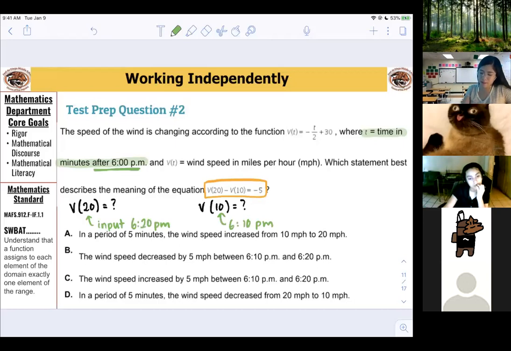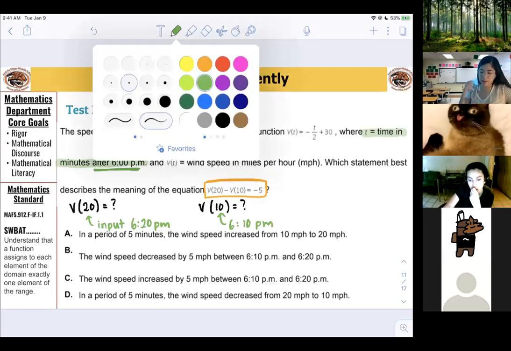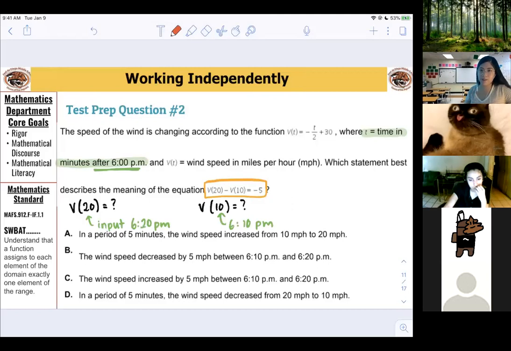So go ahead and start by reading the answer choices, because you can already eliminate two answer choices based on what we know so far. Which ones can I eliminate? A and D. Good, because A and D are putting the numbers I have onto the wrong information.